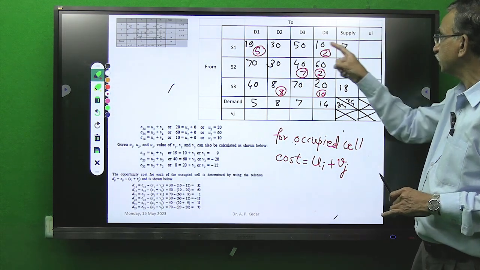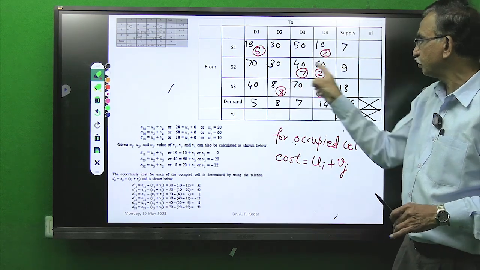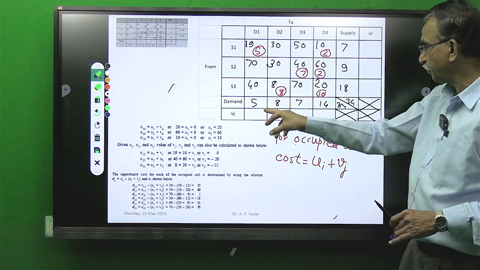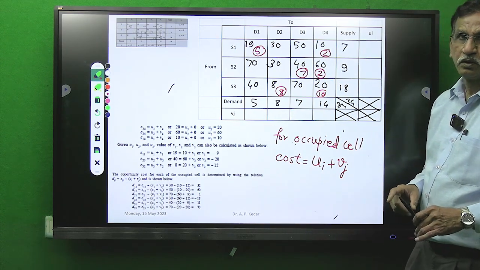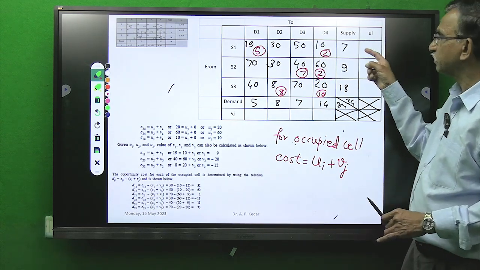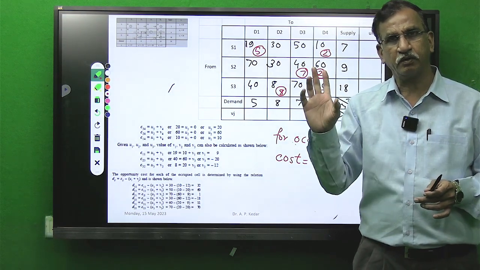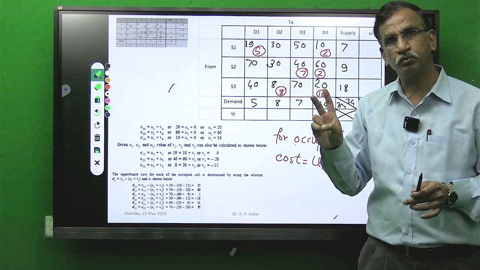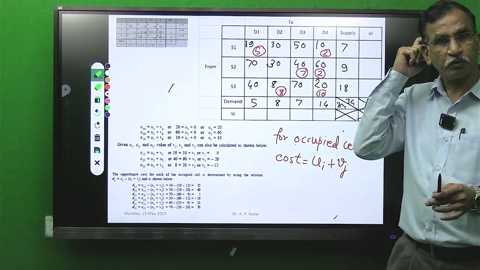If u1 is 0, this is u1, this is u2, u3, v1, v2, v3, v4. If somebody says, okay sir, I don't bother, every time I have decided I will take u1 equal to 0, is it okay for me?